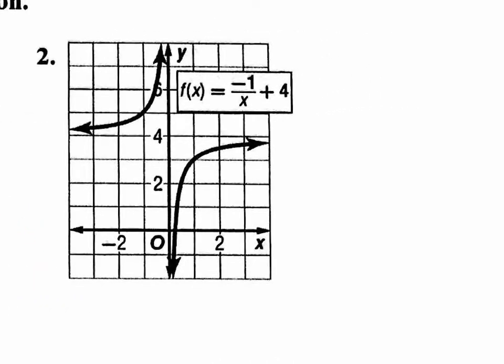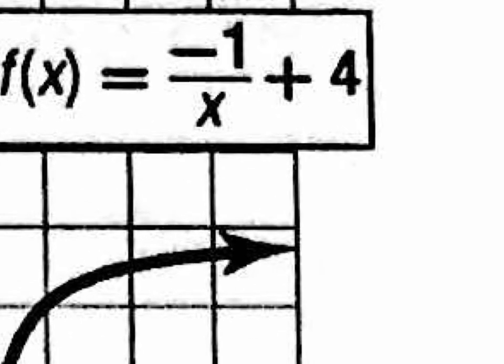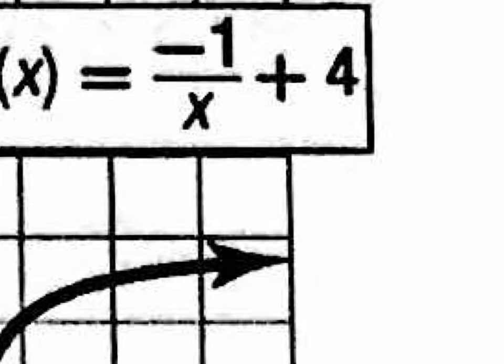Now, you could visually see the vertical asymptote here, or the horizontal asymptote. But instead of resorting to the visuals, let's look at the equation and ask ourselves, what is h? That'll give us our vertical asymptote, and our k value will give us our horizontal asymptote.